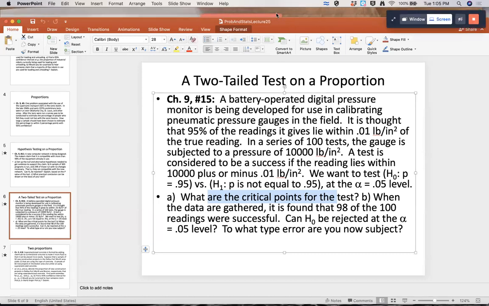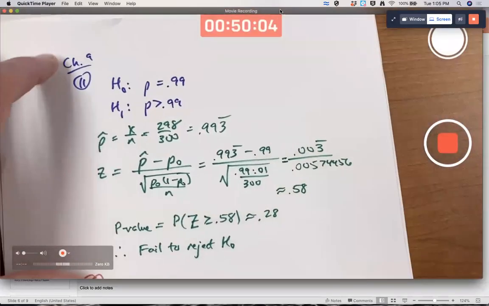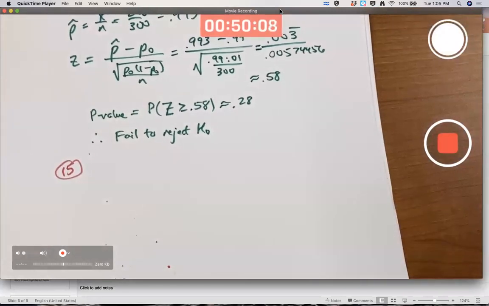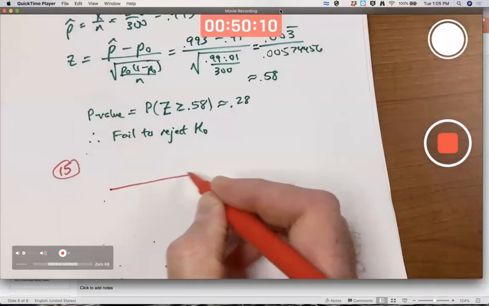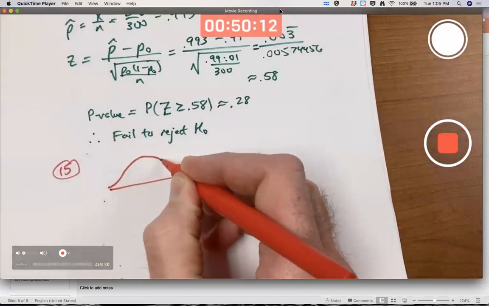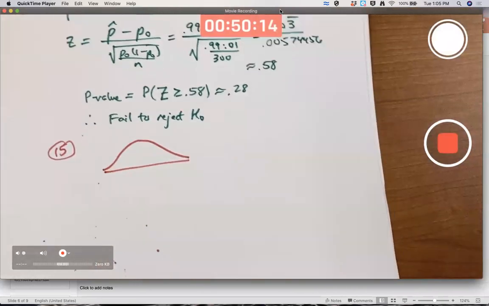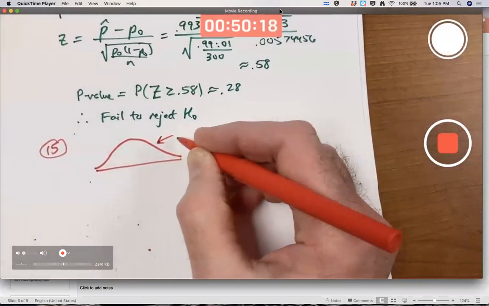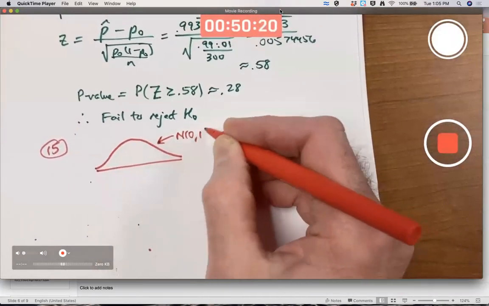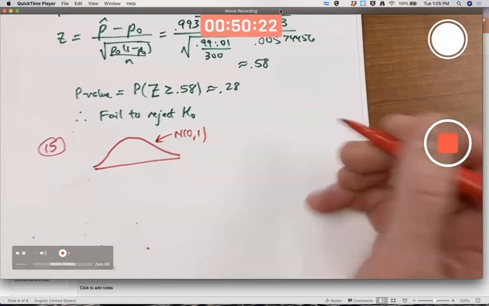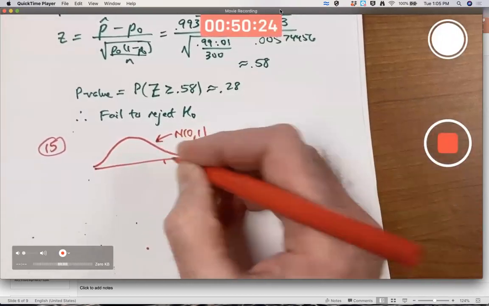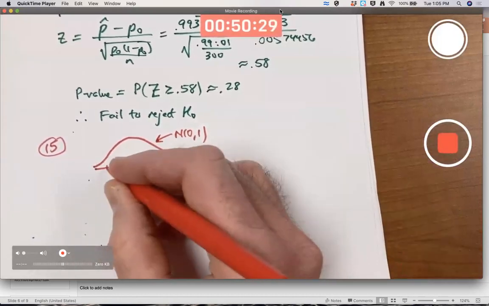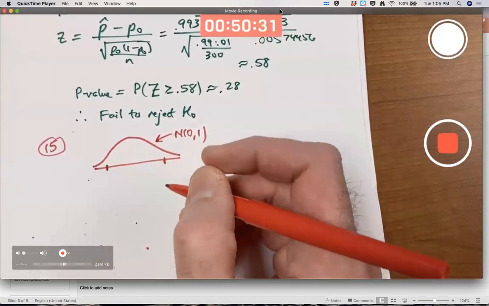So I want the overall alpha to be 0.05. That means I want the overall area under a standard normal distribution, N(0,1), to the right of a large Z value and to the left of a small Z value to be alpha, a total of 0.05.